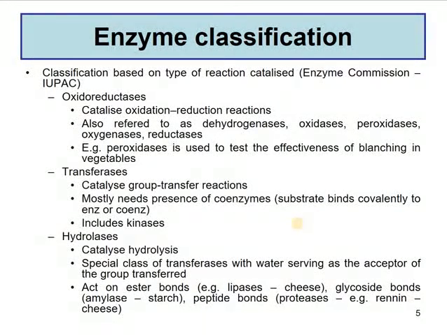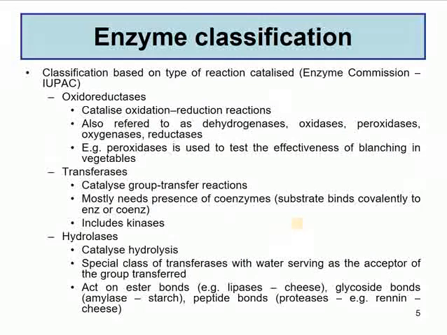This is actually based on the Enzyme Commission, the International Union of Pure and Applied Chemistry. They are classified under 6 main big groups, and then there are also subgroups in there. If you look at some textbooks, you will see that they classify this based on the EC number. So the EC number ranges from EC1 till EC6.